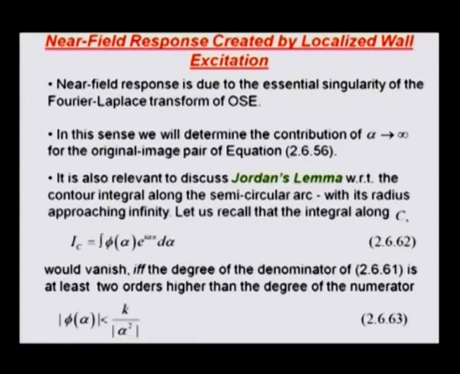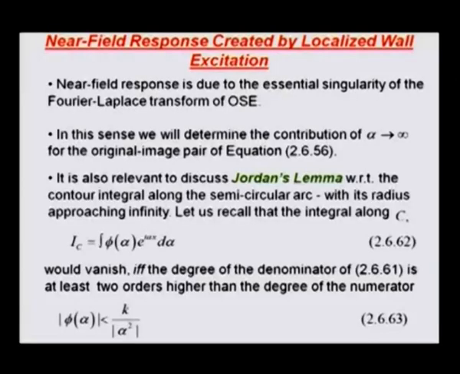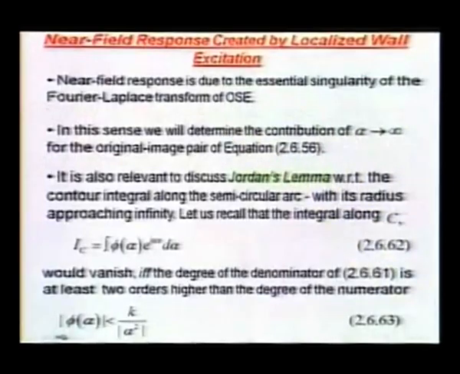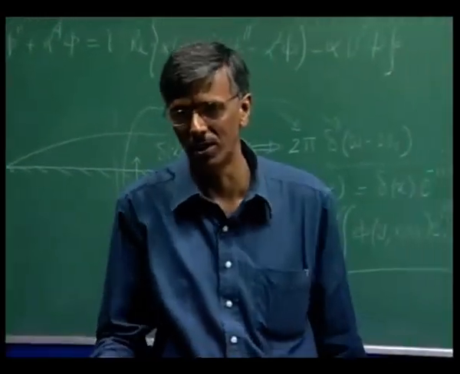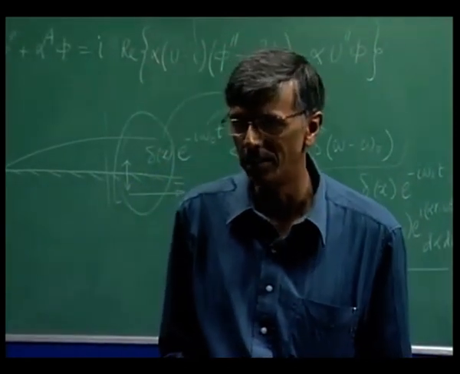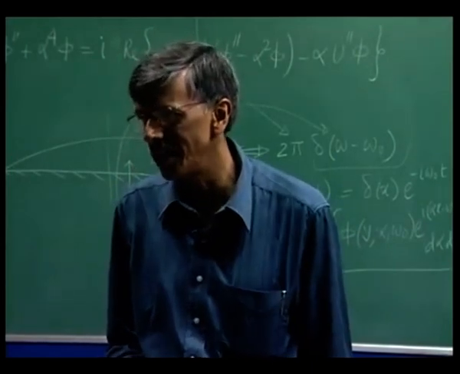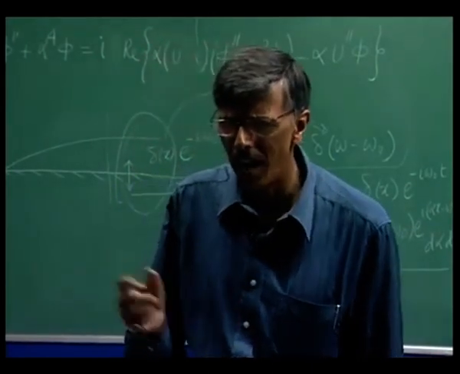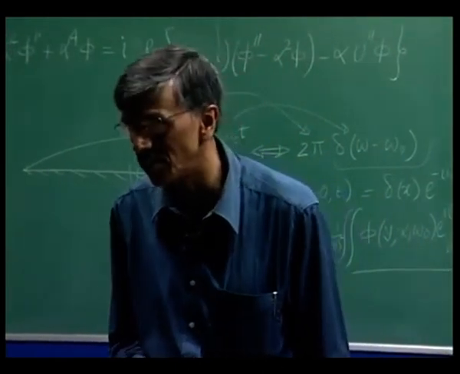Okay. Now, I already said that the near field response that we see is due to the alpha going to infinity point, and what is that called? That is called the essential singularity, that you have done in your complex analysis course, right? Like if I talk about e to the power z or sin z or cos z, they are not defined when z goes to infinity; those points are called the essential singularity.